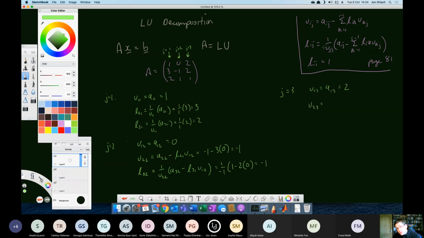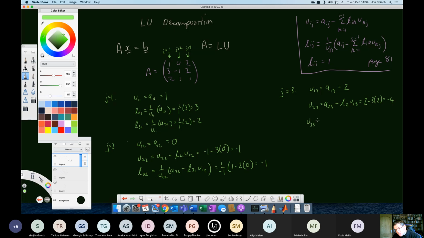U23 is equal to A23 minus L21 U13. A23 was 2, L21 is 3, and U13 was 2. So that's going to be minus 4.